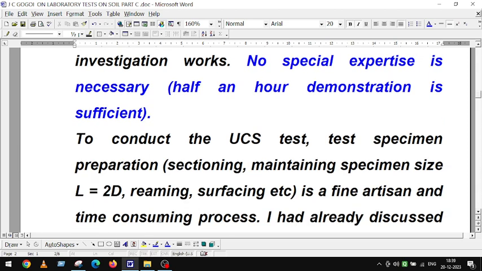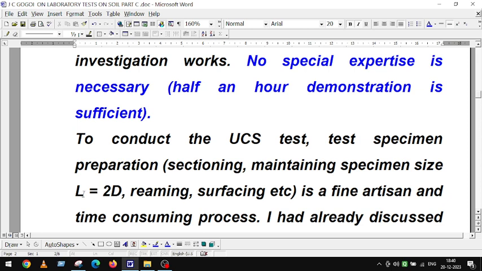To conduct the UCC test, unconfined compressive test, since there will be no other force applied except the axial direct stress. But the test specimen preparation is necessary since L equal to 2D.